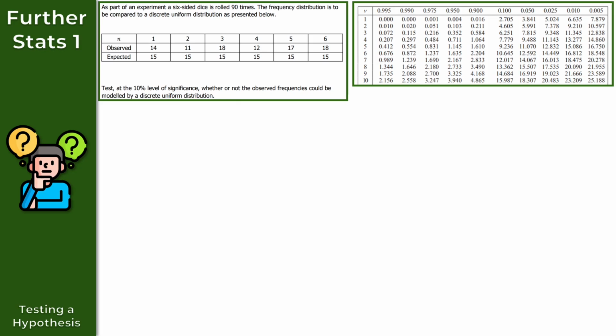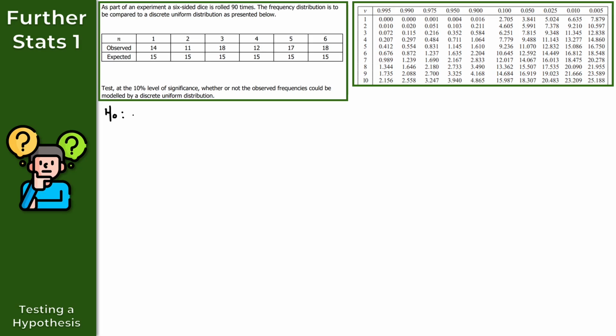Given that we're testing a hypothesis, it makes sense to start just by defining our hypotheses. So we need H0 and H1. For H0, in this case, it's nice and straightforward. We're just saying that the observed data can be modelled by a discrete uniform distribution.